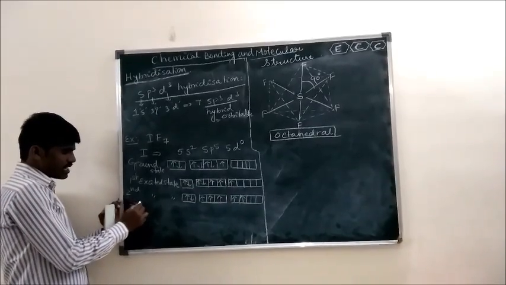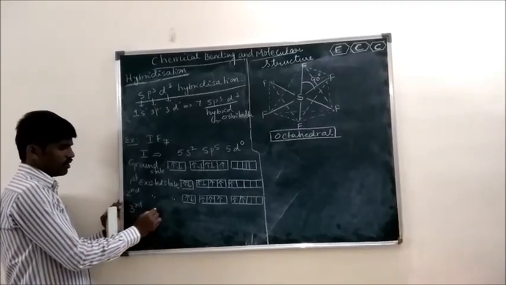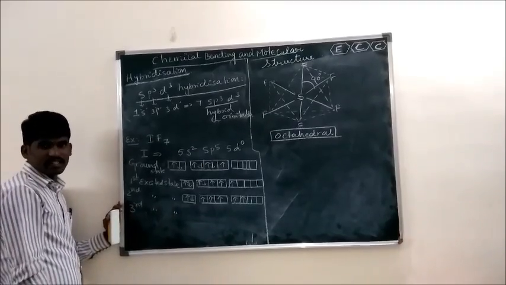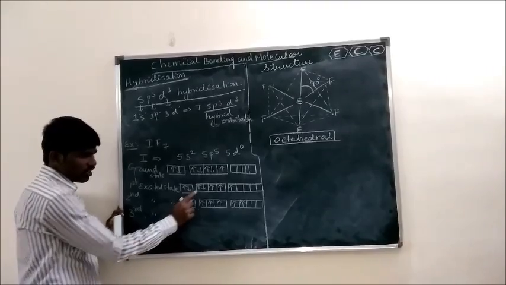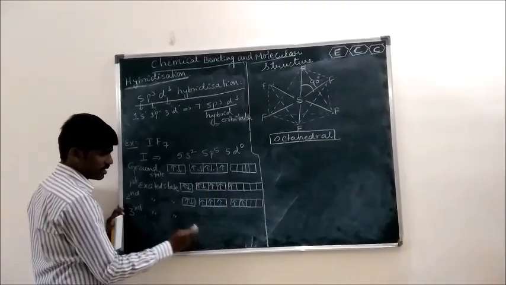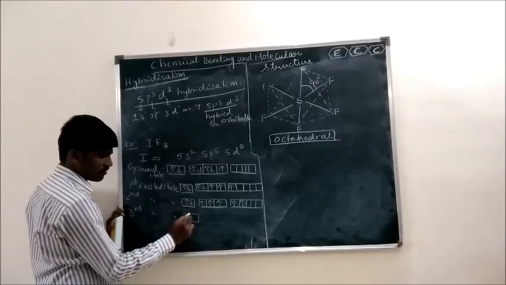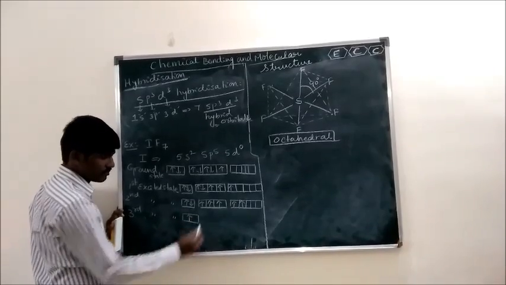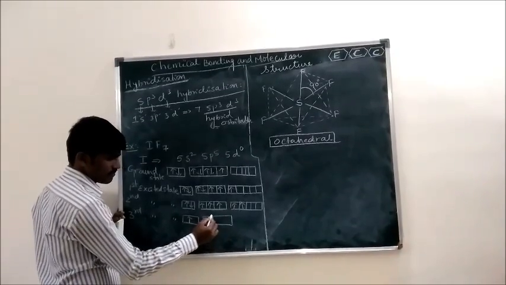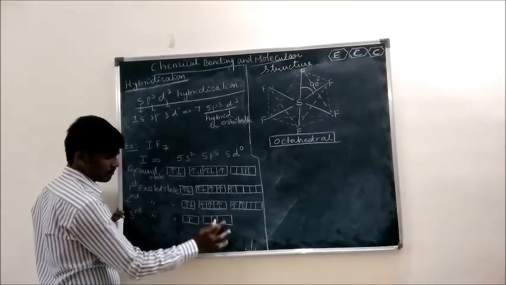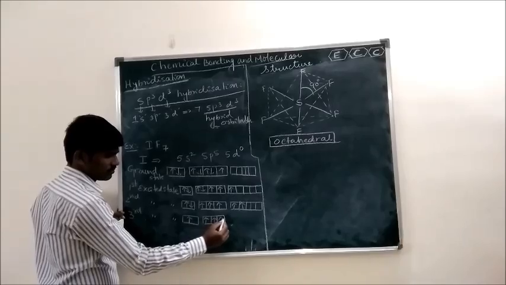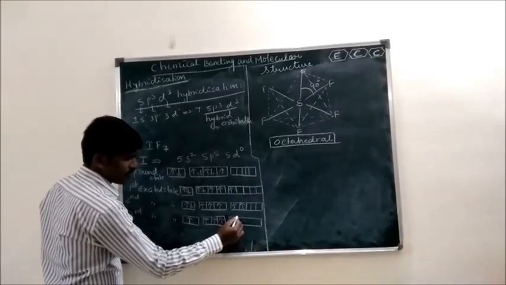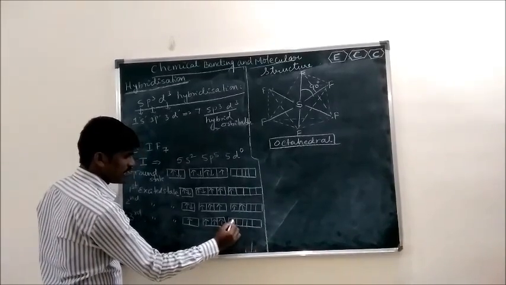Now one more excited state is also possible for iodine, that is the third excited state. In the third excited state, what will happen? Even the 5s electron can be promoted to d. In that case, there is 1 unpaired electron in 5s, 3 unpaired electrons in 5p, and in 5d you can see 3 unpaired electrons.